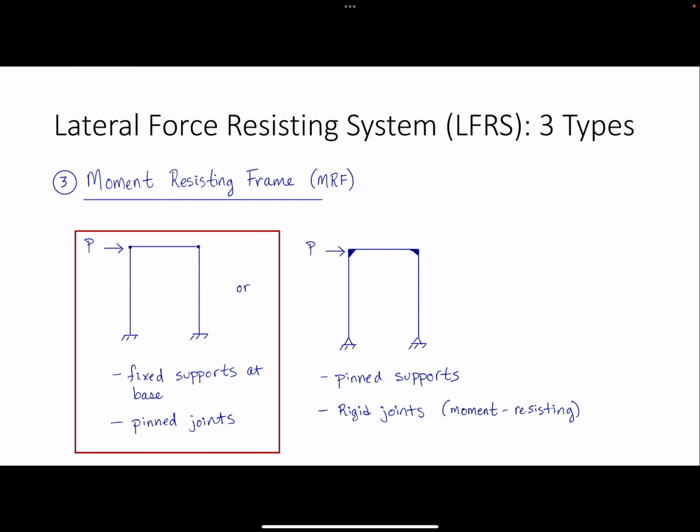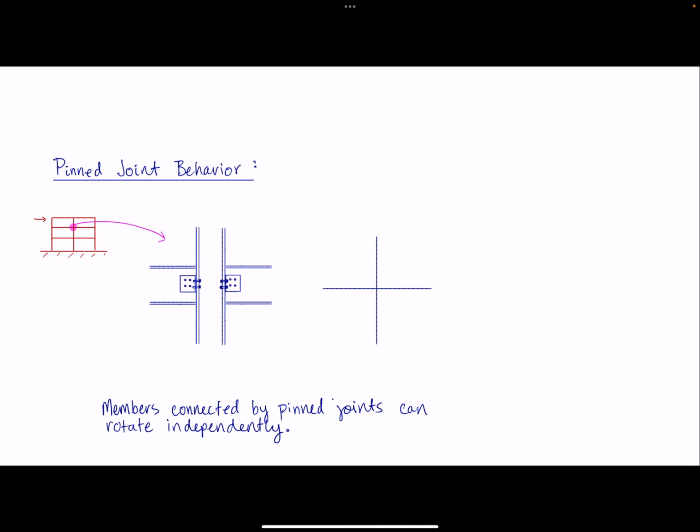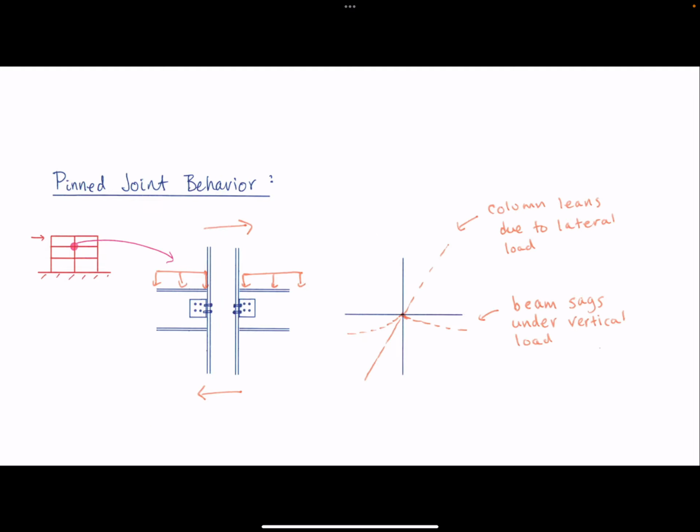Now, the other option, if you have a pinned joint with fixed base, and then we'll stop after this, the pinned joint behavior is a lot easier to imagine. Those members can rotate independently. As the column leans, the beams are just free to rotate however they want.